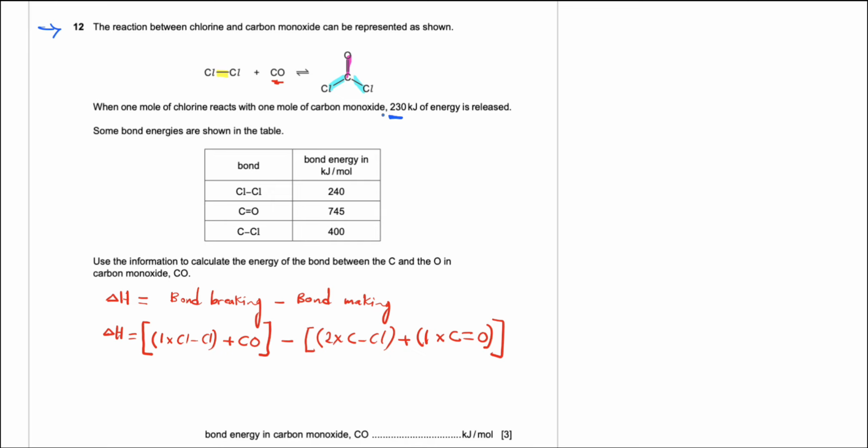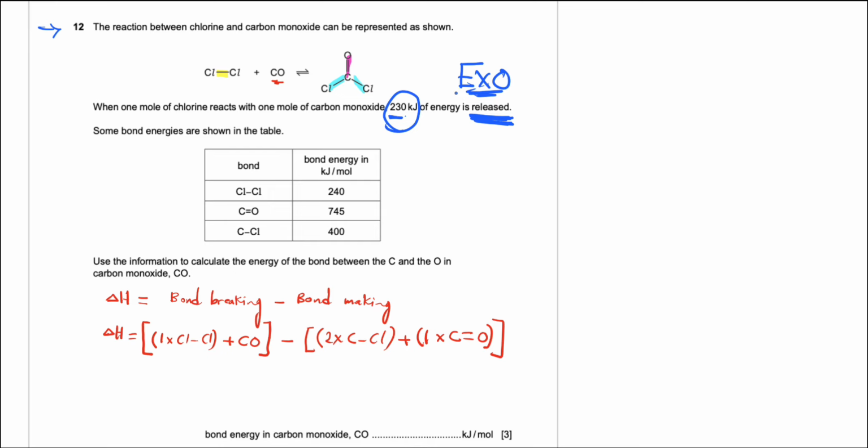And here is the trick in the question. Look at this hidden word here, released, released. Now, he gave you the overall change and he told you that that energy overall was released. And the overall reaction is releasing energy when it is exothermic.